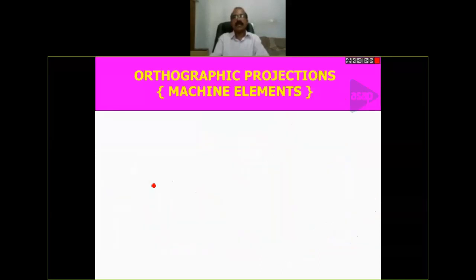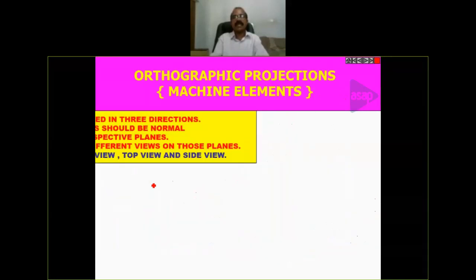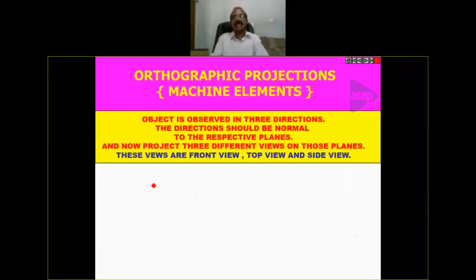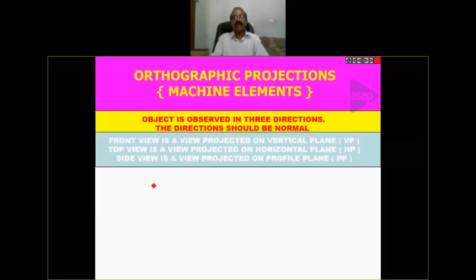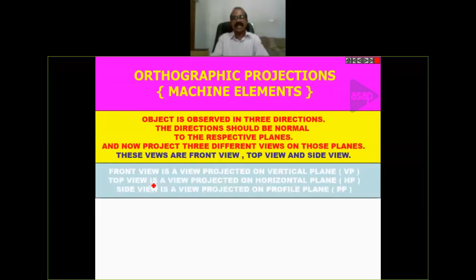Then orthographic projections of machine elements: the object is observed in three directions. The direction should be normal to the respective planes, and now we project three different views on those planes. These views are the front view, top view, and side view. The front view, or elevation, is a view projected on the vertical plane, the top view, or plan, is a view projected on the horizontal plane, and the side view is a view projected on the profile plane.